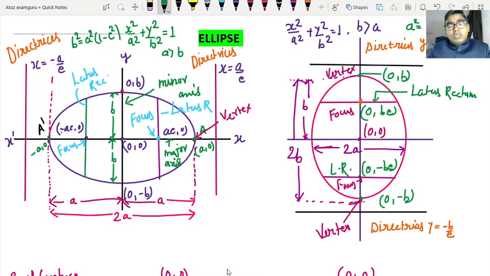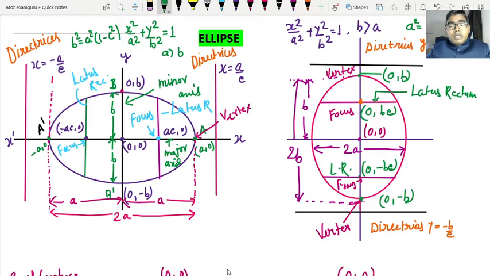So it is minus a comma 0 and it is a e comma 0, and it is 0 comma 0. This is 0 comma b and this is 0 comma minus b. So there are four vertices: a dash, a, b and b dash, that is 0 comma b and 0 comma minus b, and the focuses, and these are the vertices.